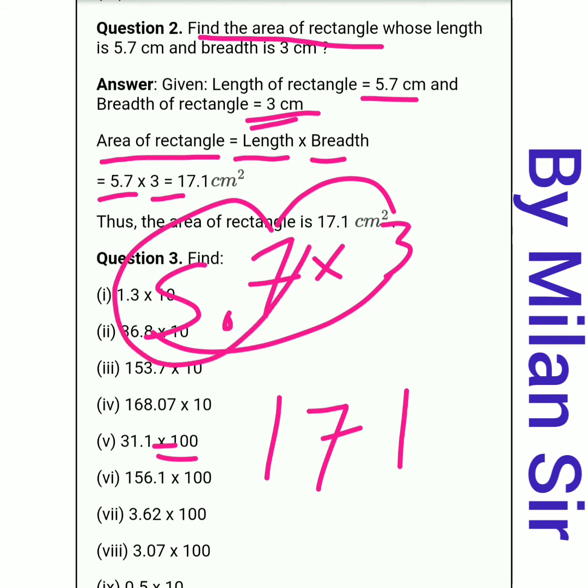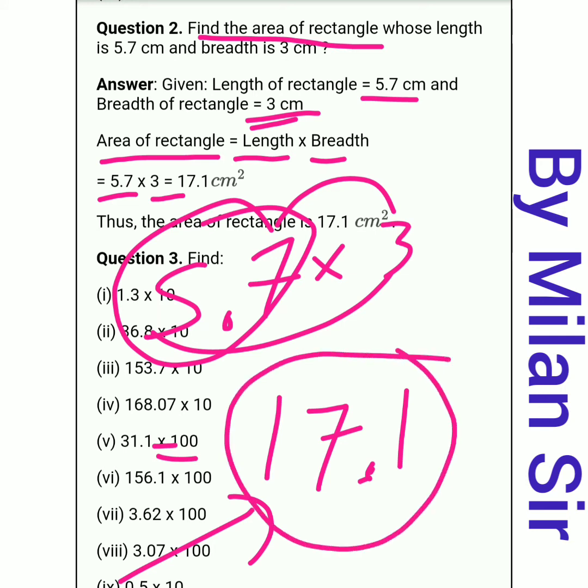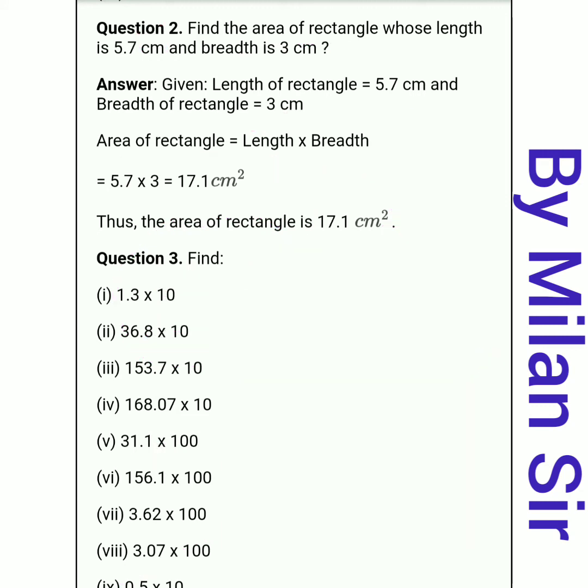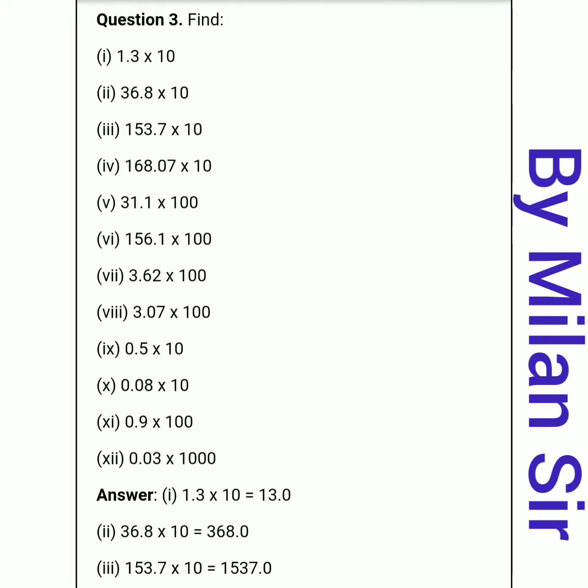Here before 1 digit we have the decimal point, so the same thing we need to do in the answer, so 17.1, and the unit. Here centimeter is given, so centimeter square. So our answer is 17.1 centimeter square.